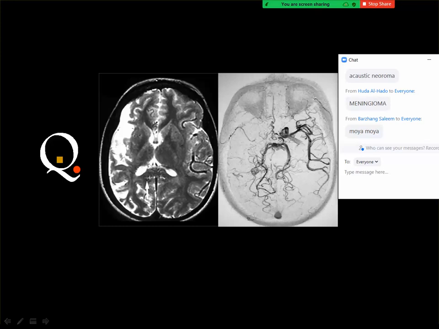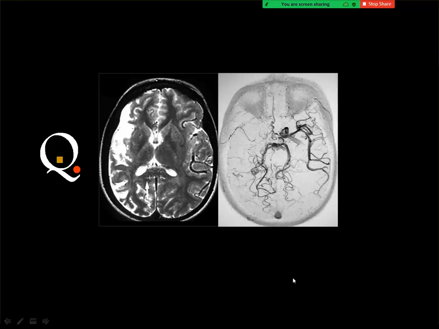Yes, very good answer. And this is Moya disease, and I know that you know that Moya disease is almost usually bilateral, but sometimes you get the disease affecting one side, as you can see here.